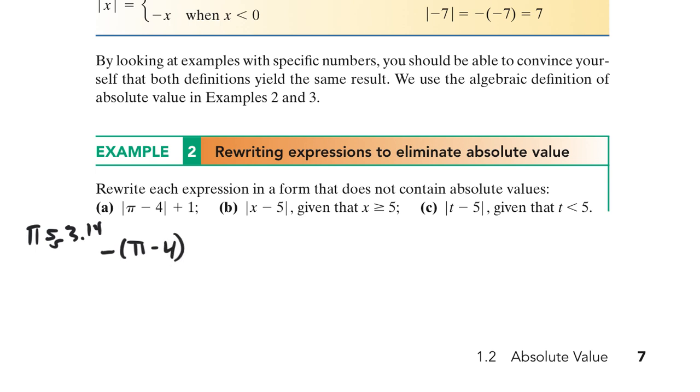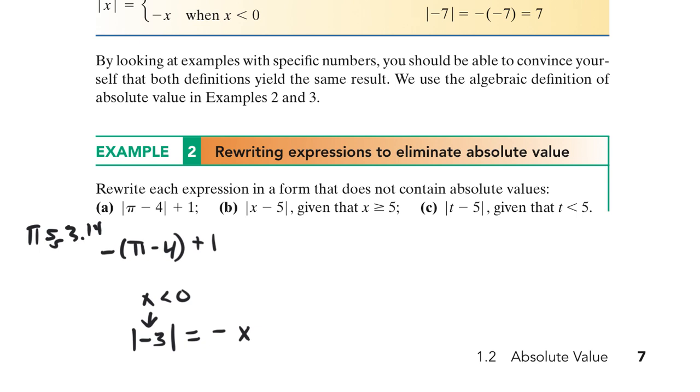And then we have the plus 1. Now, let me just slow this down for a little bit. As in our example earlier, if I have the absolute value of -3, well, this is our x right now, and x is less than 0. That means that the answer to this is the opposite of x.